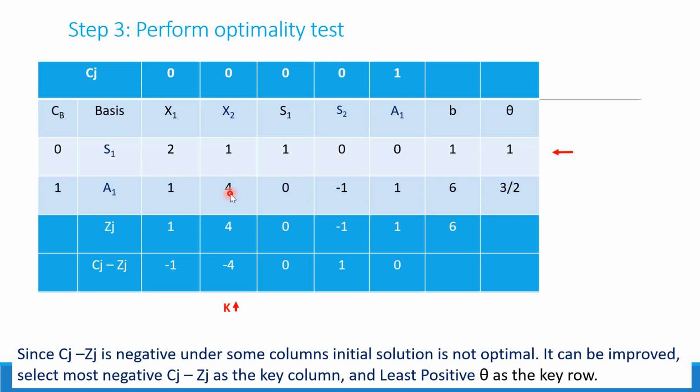So we'll use one row operation, that is A1 changes to A1 minus 4 S1. That will make this particular element 0, and the rest of the values will also be computed from this row operation.